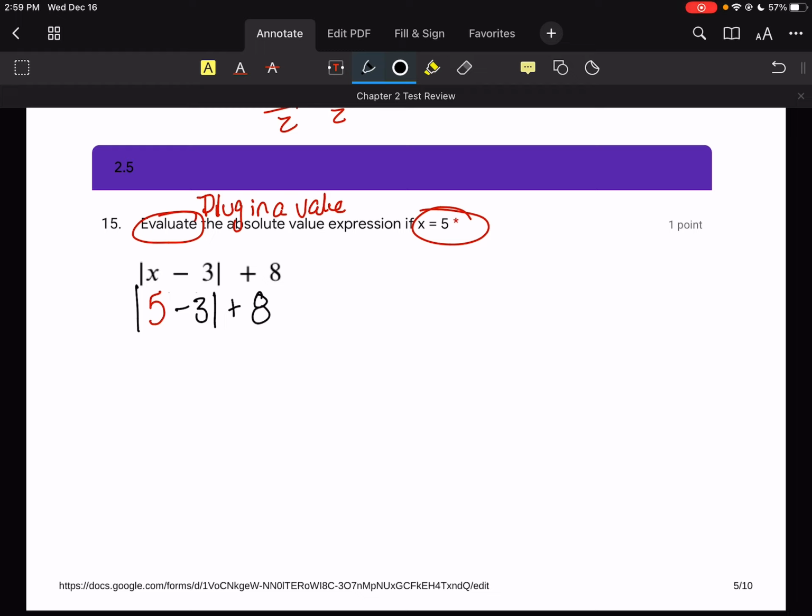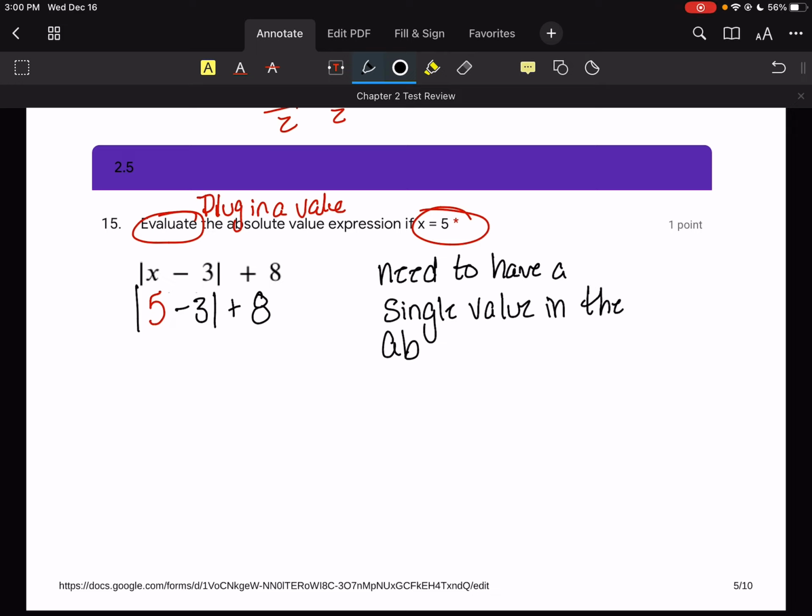Remember, with an absolute value, I need to have a single value in the absolute value signs before you can take the absolute value.